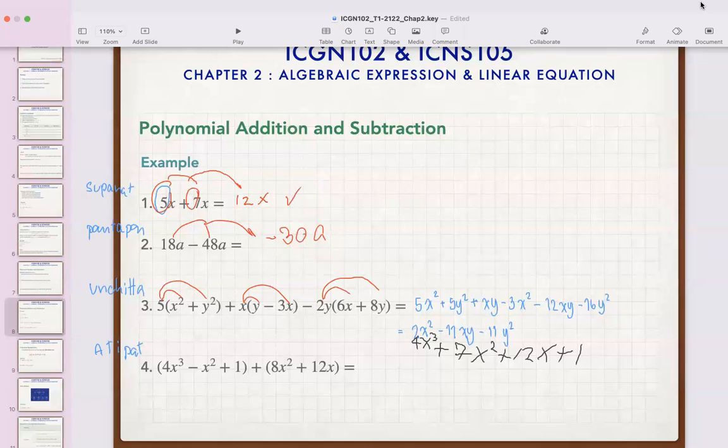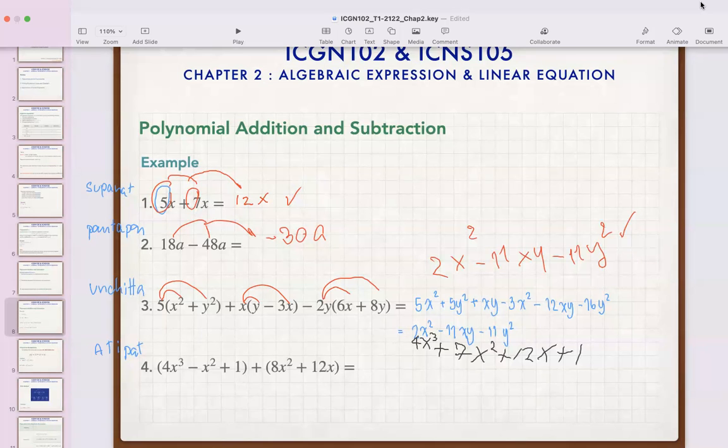So in this one, finally, 5 minus 3 is 2x squared, and then minus 11xy and minus 11y squared. Yes, this one is correct.